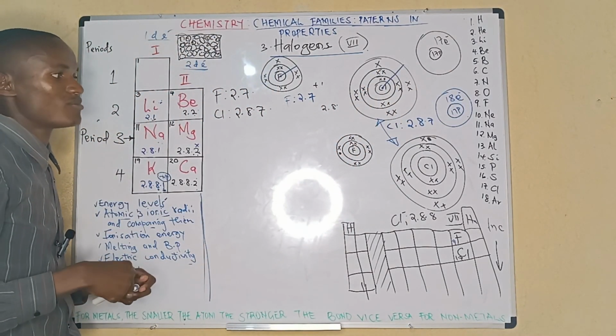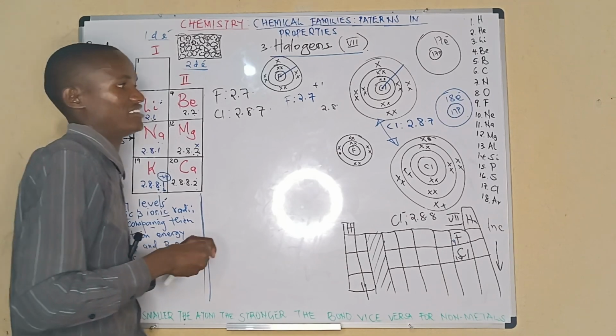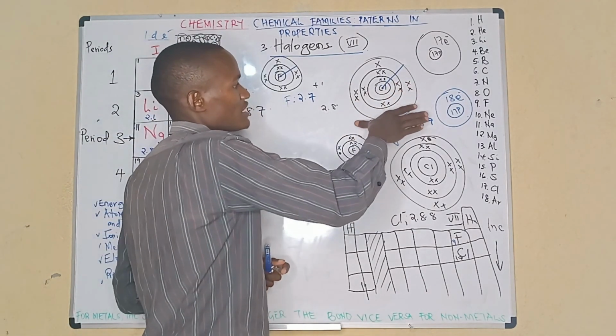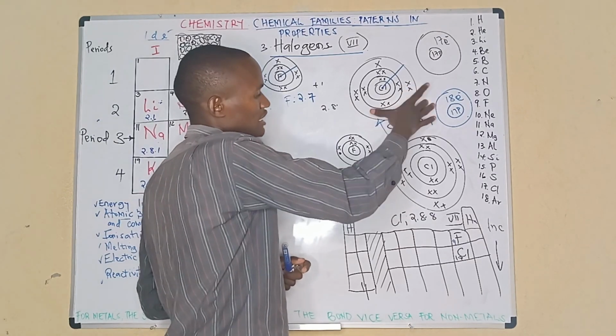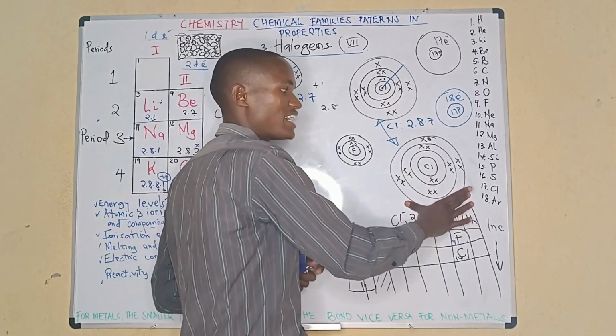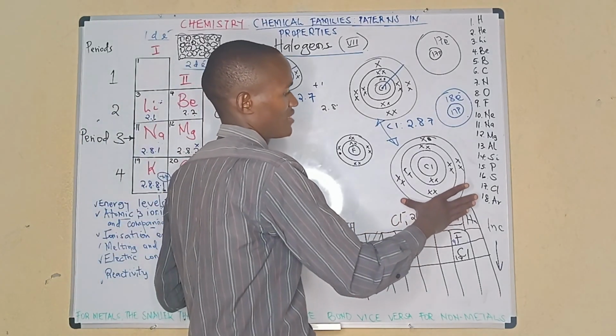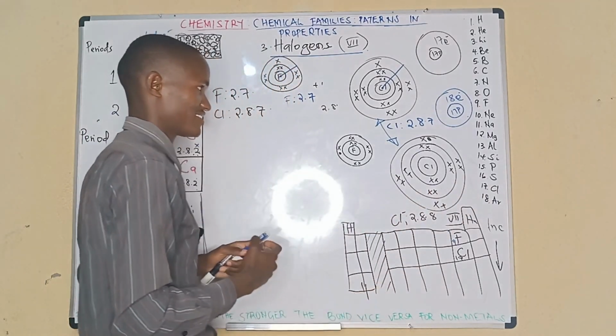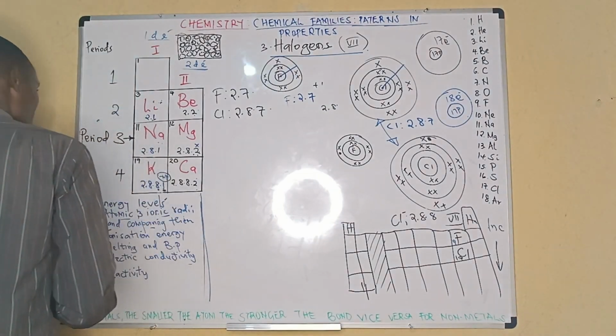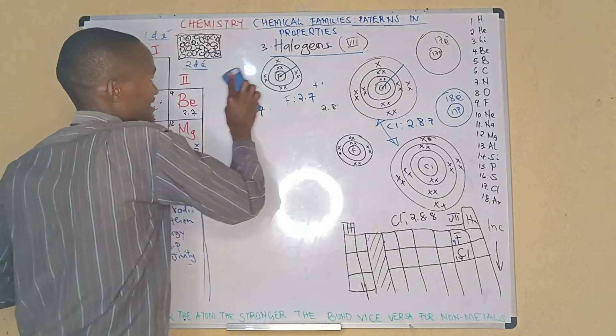But which one is bigger, the atomic radius or the ionic radius? The bigger one is the ionic radius.